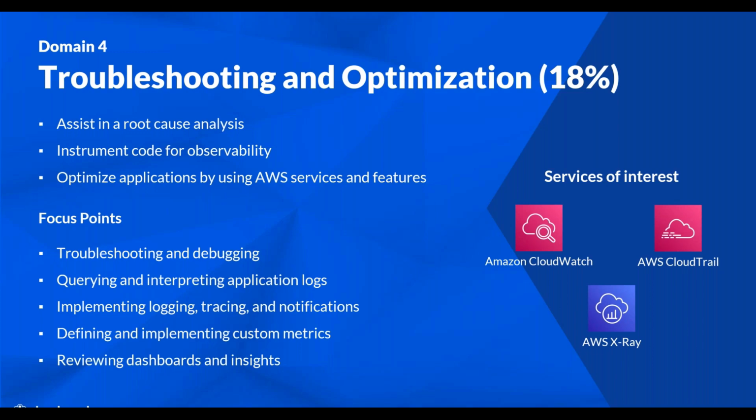In terms of CloudWatch, it'd be helpful to know the standard behavior for the metric data that's captured and collected every 5 minutes, and how you can perhaps enable detailed monitoring to get that down to a 1-minute interval. If you see a question that calls out in particular request tracing, downstream calls, microservices, things like that, you'd be looking towards X-Ray, understanding the use cases for the X-Ray daemon and where you might need to install or configure that as well.